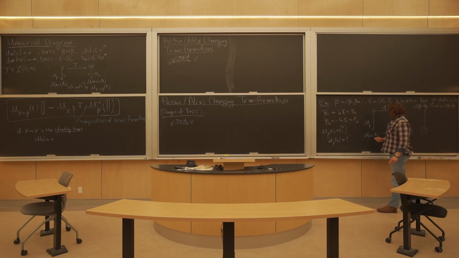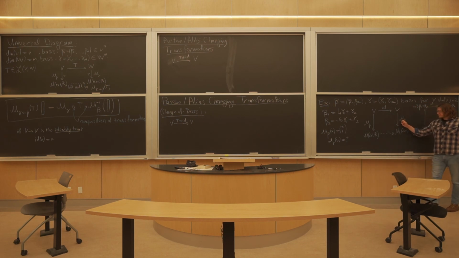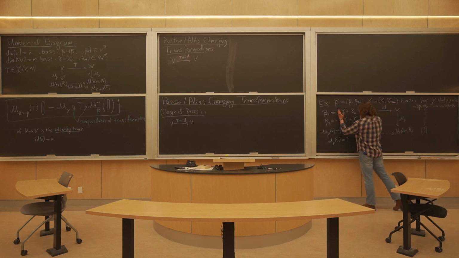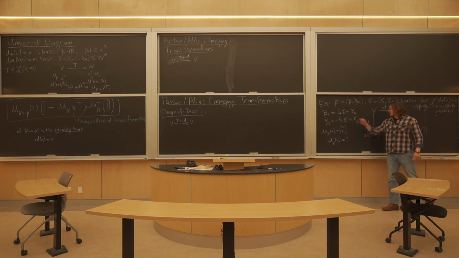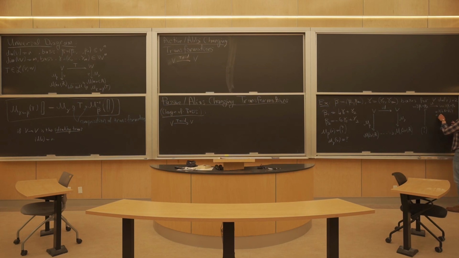But now, if I want to use this, instead of using betas as my vectors over which I'm taking the linear combination, I should be rewriting everything in terms of gammas. And when I do that, I'm going to get something. So when I write it in terms of gammas, I get this: 3 times (4 gamma 1 plus gamma 2) plus 1 times (minus 6 gamma 1 plus gamma 2).